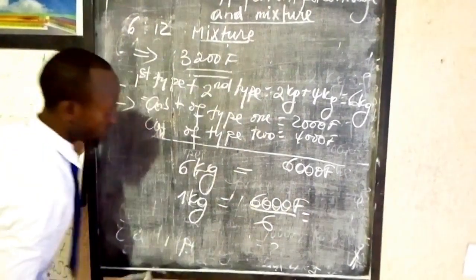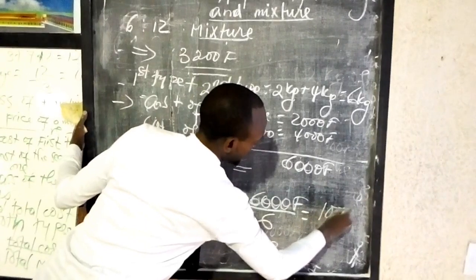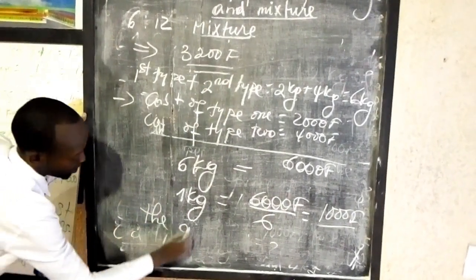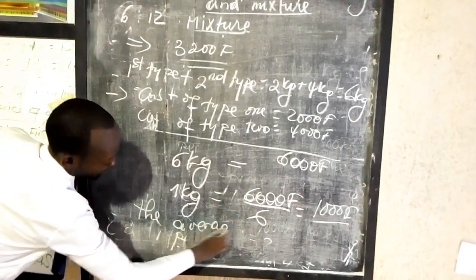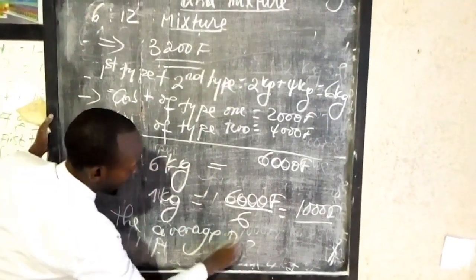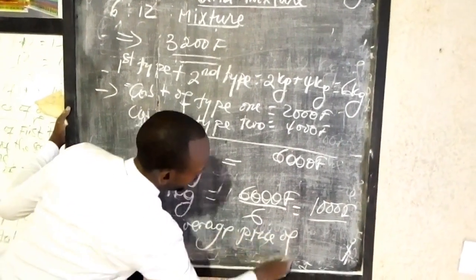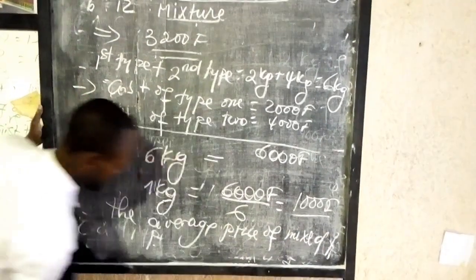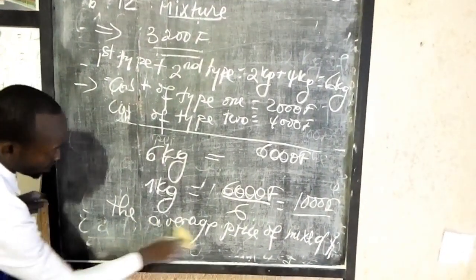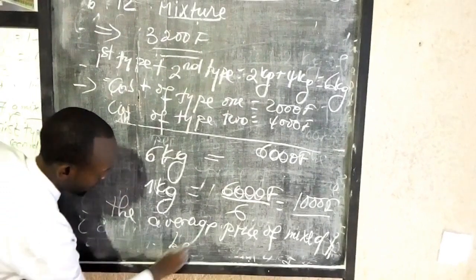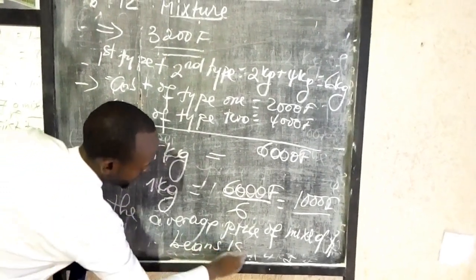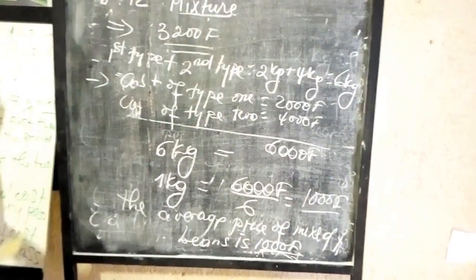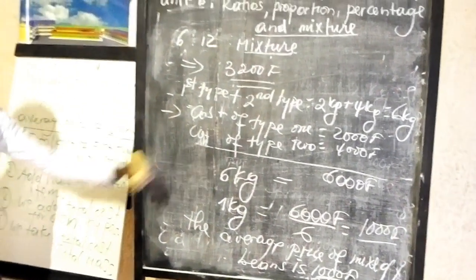And then the answer you get is 1,000. So the average price of mixed beans is 1,000 francs. That is how you can do these problems.